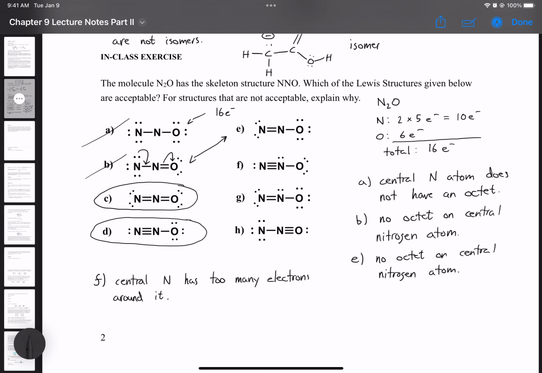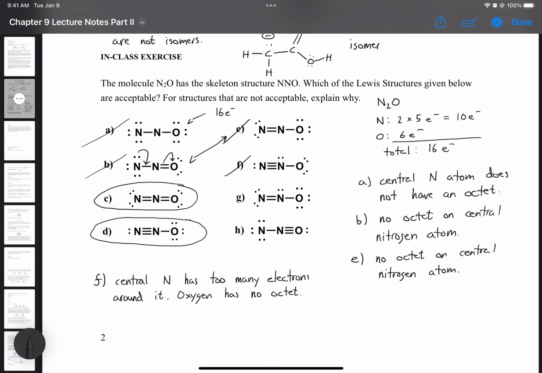Okay? And also oxygen in this case has no octet. So you can't even call this a resonance structure because it's not valid, because nitrogen has more than an octet around it. So F is no good either. Okay. Not acceptable.